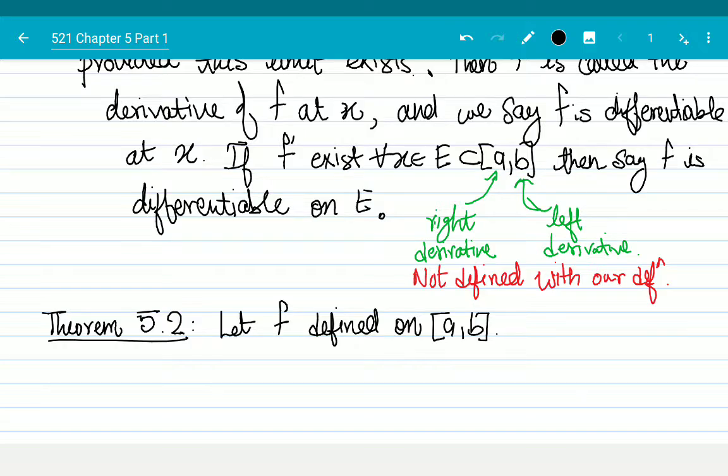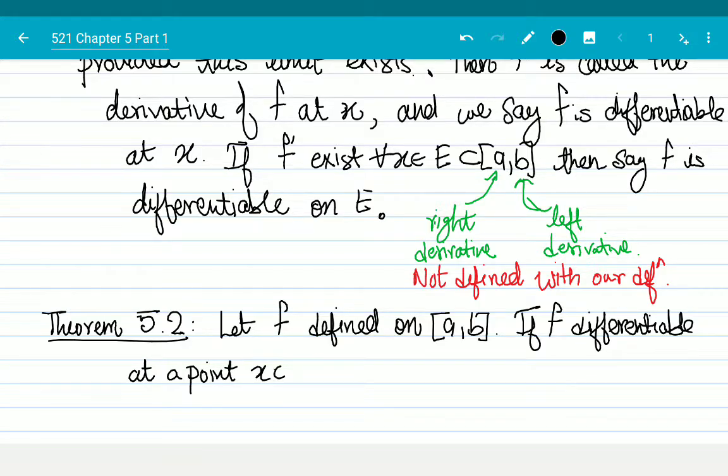If f is differentiable at a point x in [a, b], then f is continuous at x.